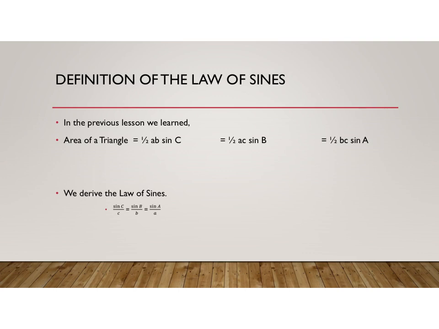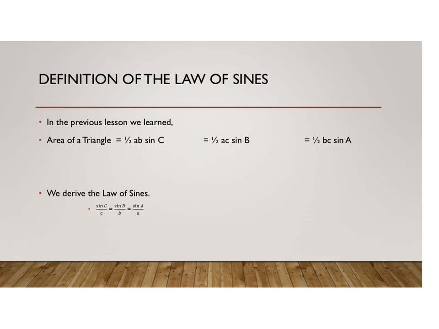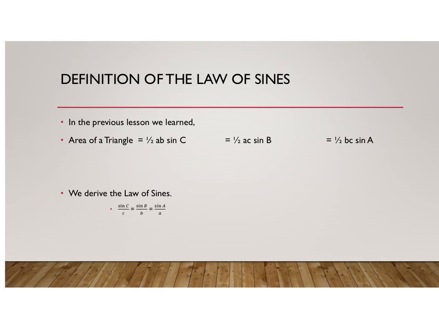So remember in the previous lesson we talked about area of a triangle and three different forms of its formula. But if we take each of these formulas and we divide them by 1/2 ABC, what happens is we can cancel all the halves.